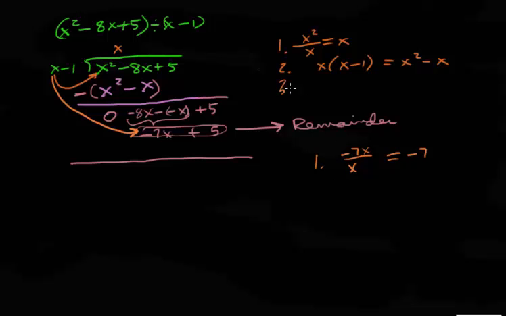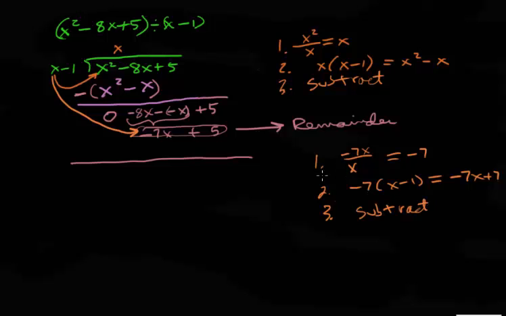Okay, so our steps were to, I'll just write it here again. Divide, multiply, and then third step we'll do is we'll subtract. And you repeat these 3 steps as many times as you need to. So we'll put it over here, the minus 7x plus a 7.